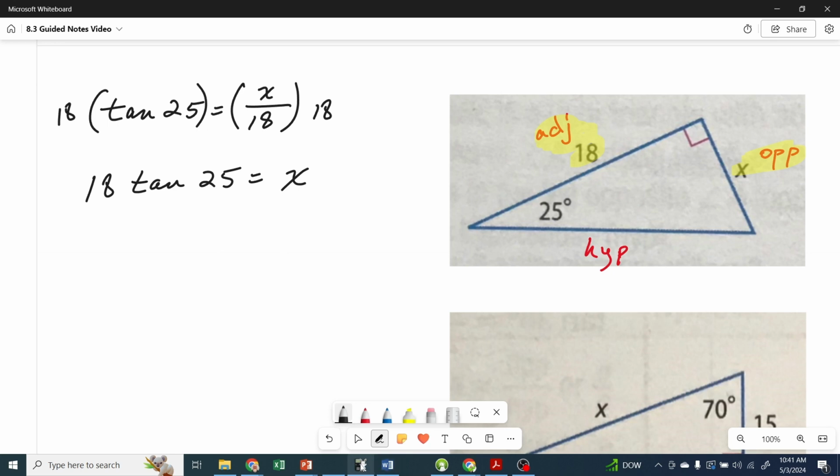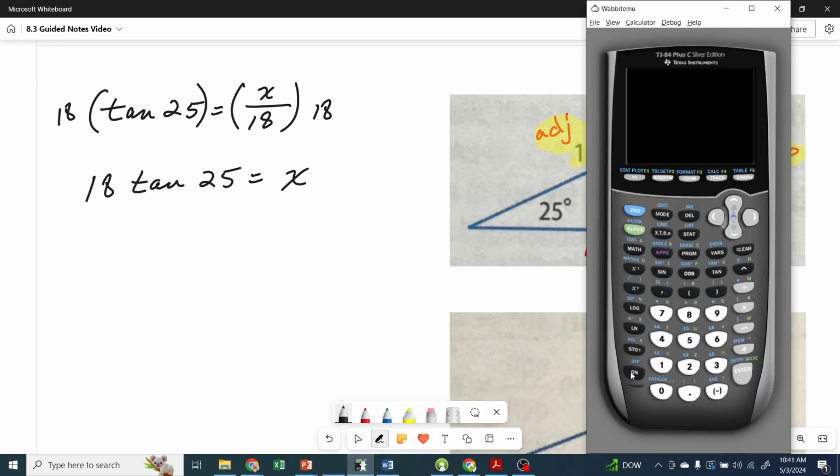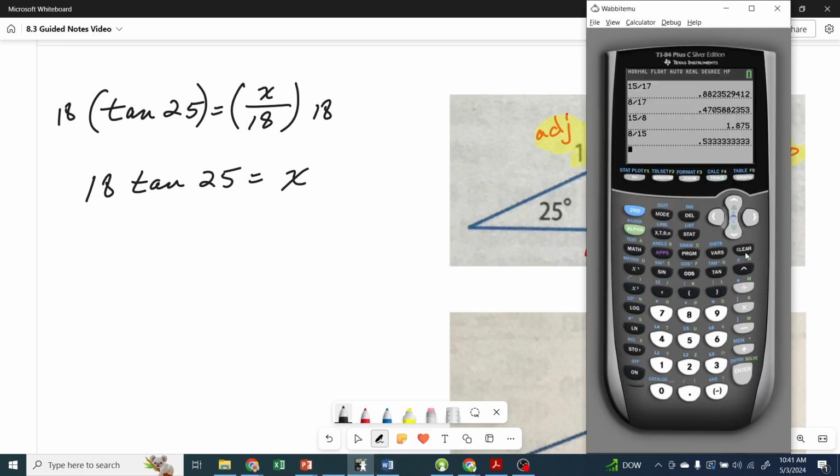So here the calculator becomes a very handy tool. 18 times the tangent of 25, and I get 8.39353, and we'll go to the nearest tenth, so this is equal to 8.4.